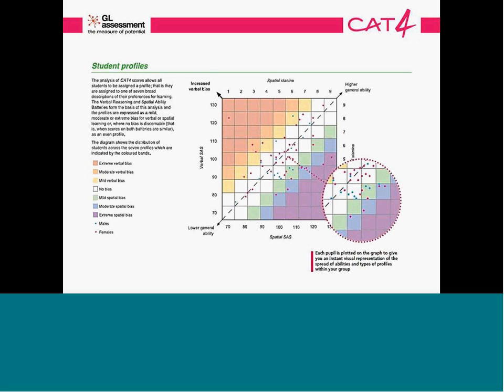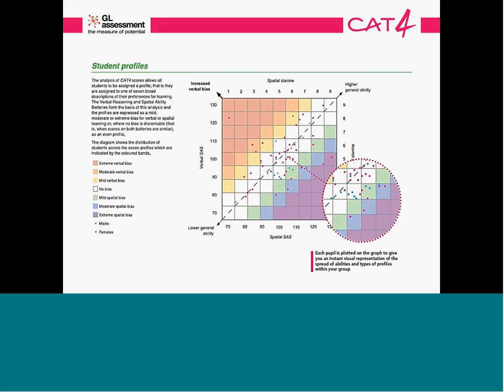The more we go towards the light oranges, darker orange and reds, that is where an individual would be more verbally biased in the way that they can take on new information and process it. And conversely, the more they head towards the green, light blue and purple, the more spatially biased they are, in that they can take on information and process it better in that format.